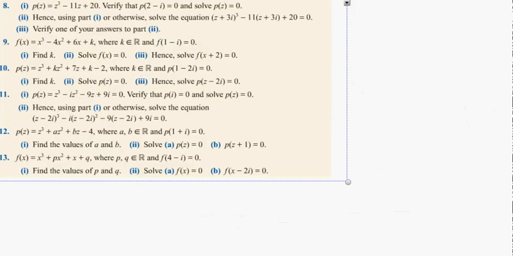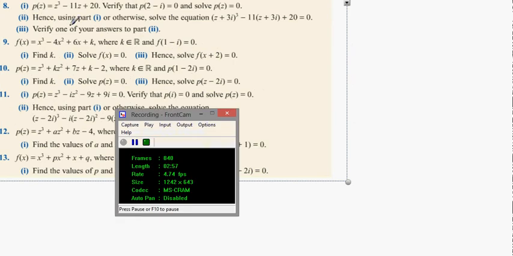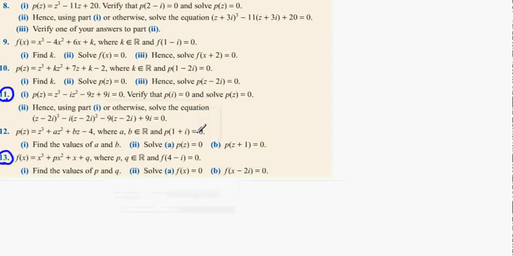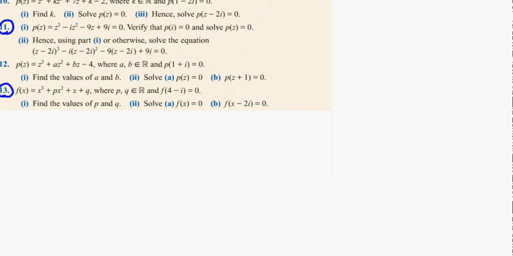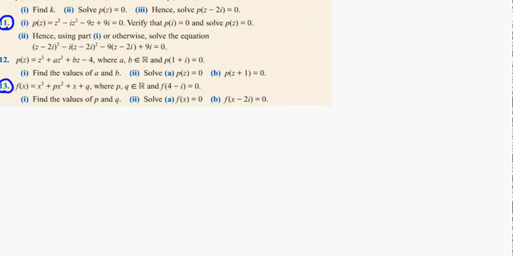Now we're moving on. Okay, so what we have here is 11 and 13. What it says is p of z equals z cubed minus iz squared minus 9z plus 9i equals 0. Verify that p of i equals 0 and solve p of z equals 0.